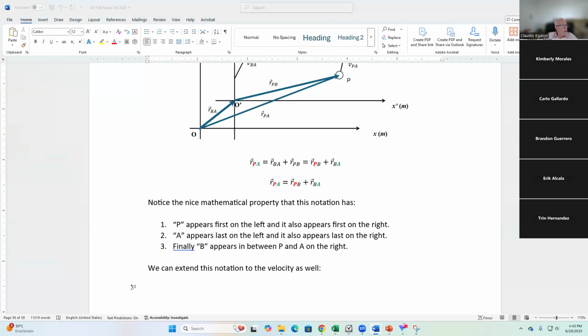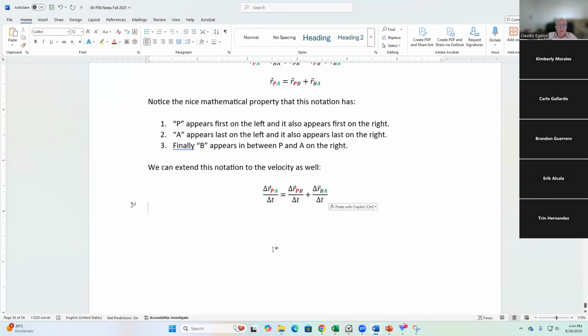By the same token that we have RPA is equal to whatever you saw there, if you do delta RPA over delta T, we are going to have delta RPB over delta T plus delta RBA over delta T, which lends exactly the same notation to the relative velocity. Okay? PP, AA, BB, right?